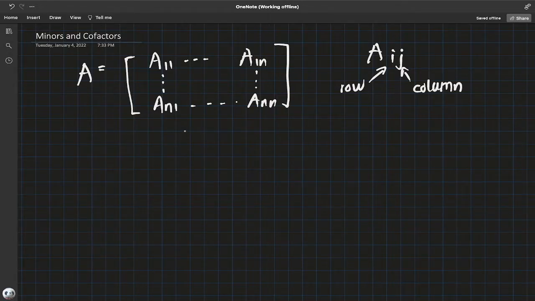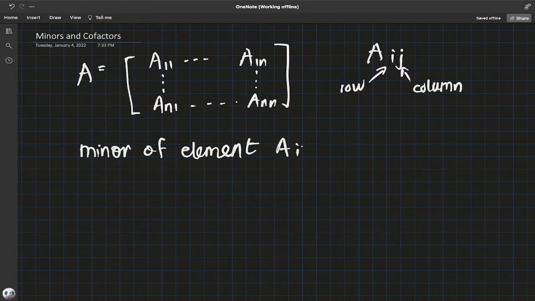Okay, so now let's define this quantity. The minor of element a sub ij, and we're going to denote that with m sub ij, is actually, well, this is a quantity. And how do you compute this quantity?